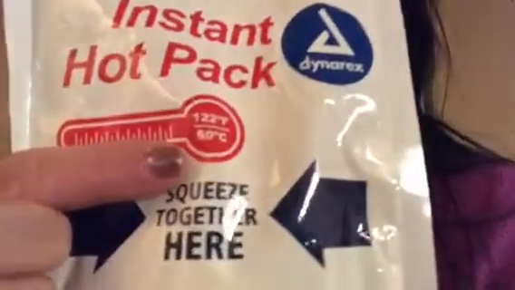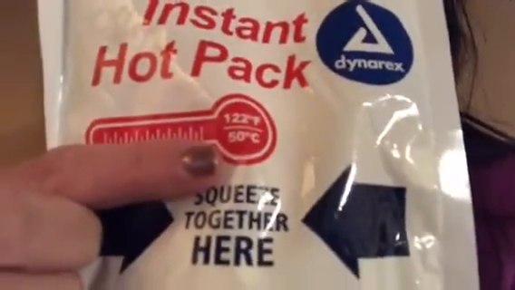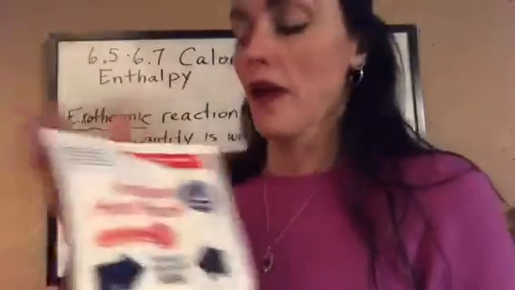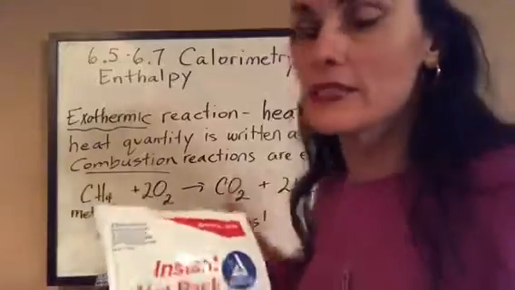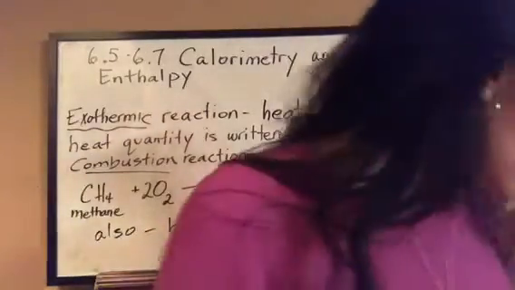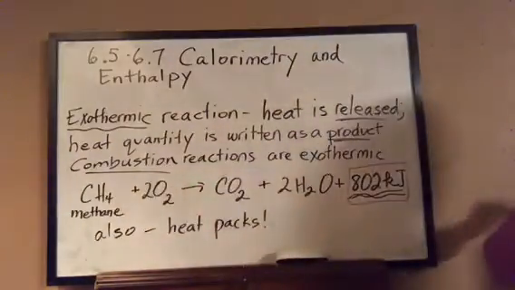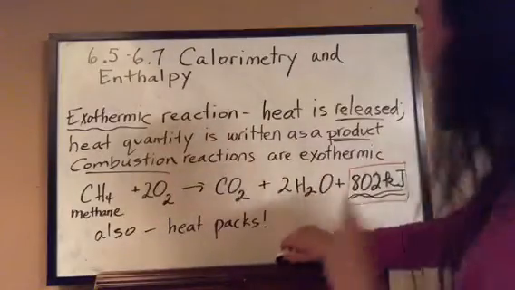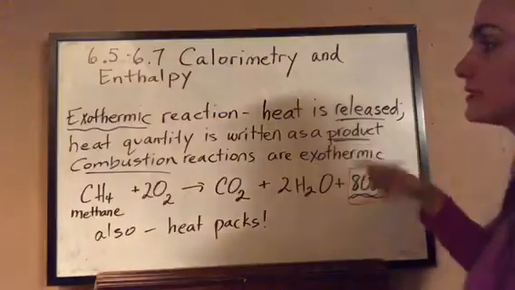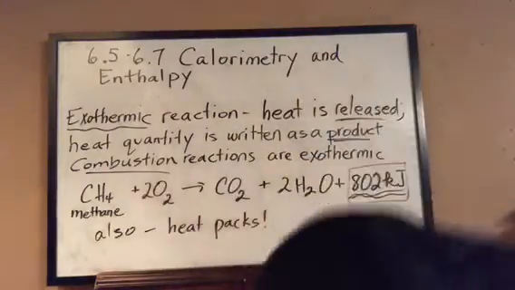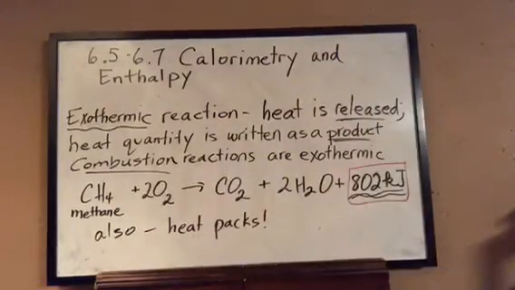You can see here on the package, it goes up to 50 degrees Celsius; that's how temperature increases as a result of the heat released during that reaction. So an exothermic reaction gives off heat, heat is released, exit, and the heat quantity is written as a product.